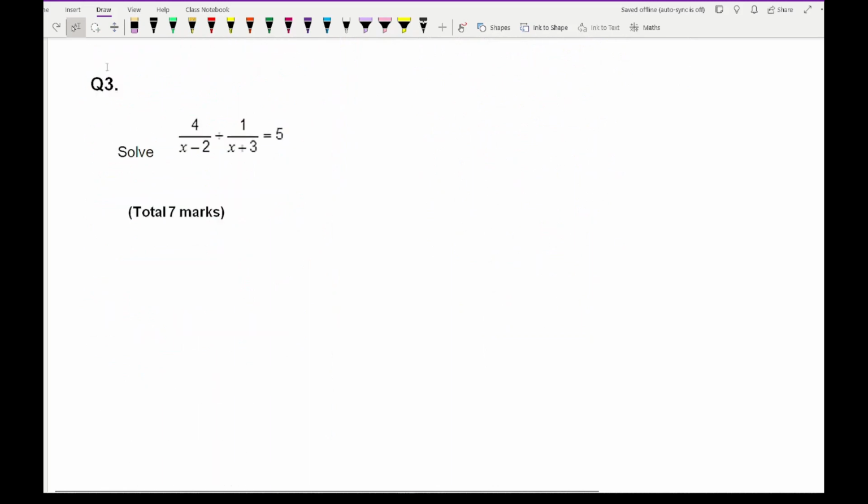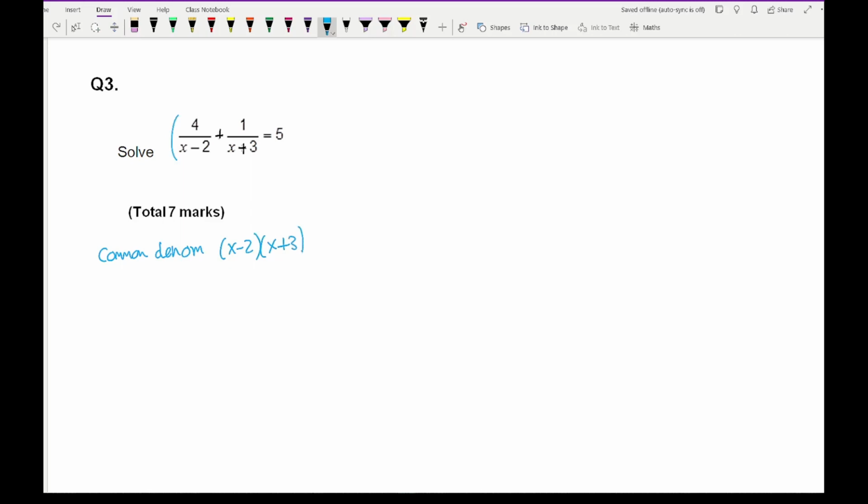Moving on to question 3, and again let me just make this a little bit easier for us to see. So that there is a plus, and this is also a plus. So again here I need to try and get a common denominator. Now my common denominator in this case is going to be x minus 2 x plus 3.